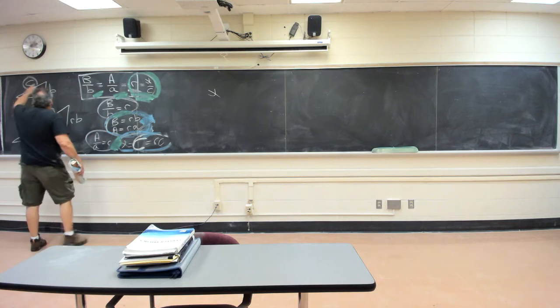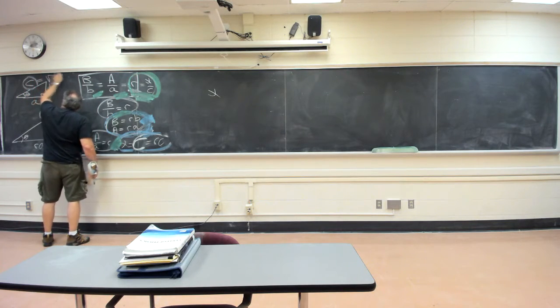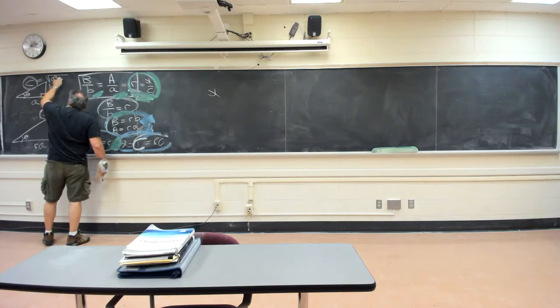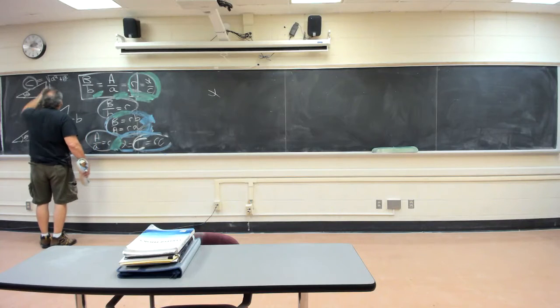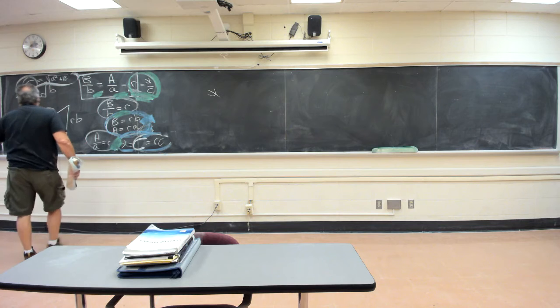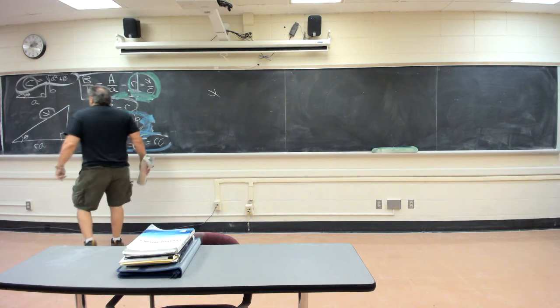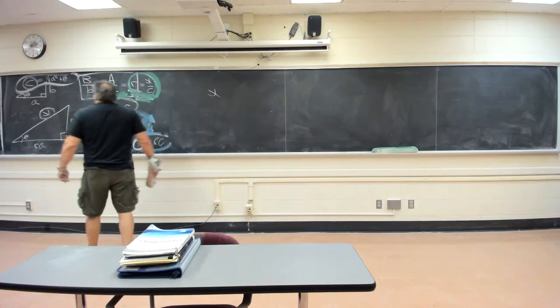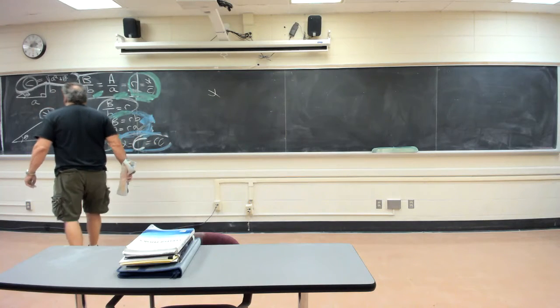Now, I know I erased it. We know that the C right here, you guys, is the square root of the quantity a squared plus b squared. I do know that small c equals the square root of the sum a squared plus b squared.